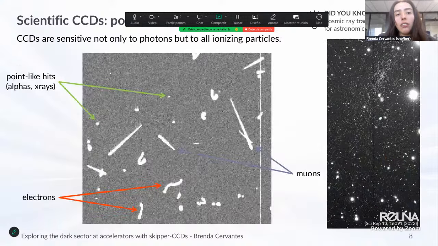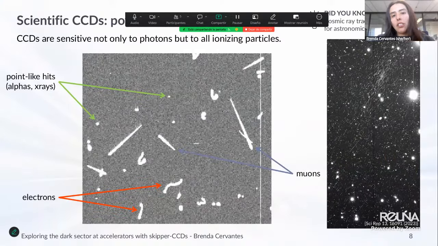But it turns out that these devices are also sensitive not only to light, but to all ionizing particles. Here you can see a picture of a dark exposure with one of these CCDs. And we can see different tracks from different particles, probably coming from cosmic rays.